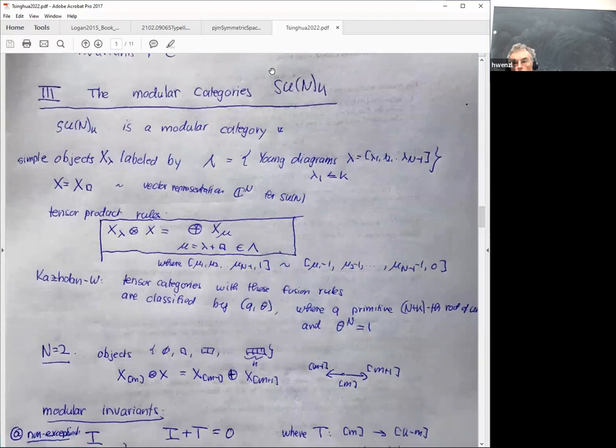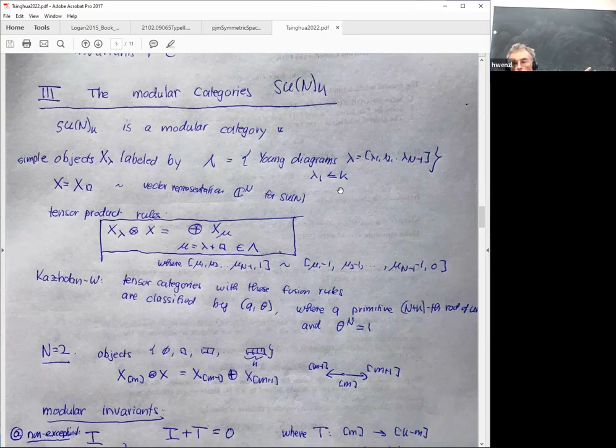So we look at these modular categories SU(N) sub K, the fusion categories. So they can be fairly easily described as follows. The simple objects X lambda are labeled by Young diagrams with at most n-1 rows, and such that lambda 1, the first row, has at most k boxes.